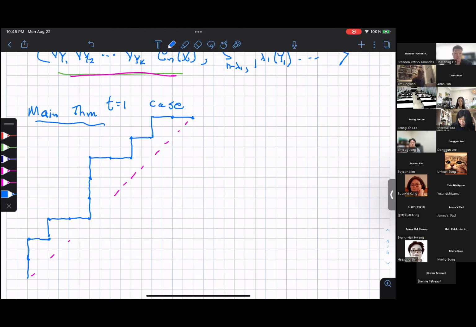So I've drawn each north step and each east step as like twice as long as normal, just so I can fit in what I'm going to do.